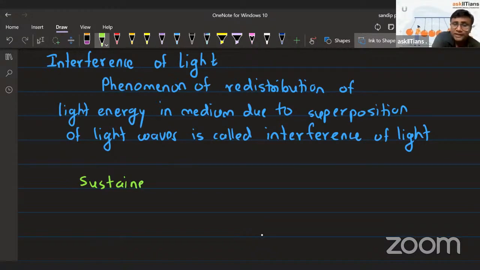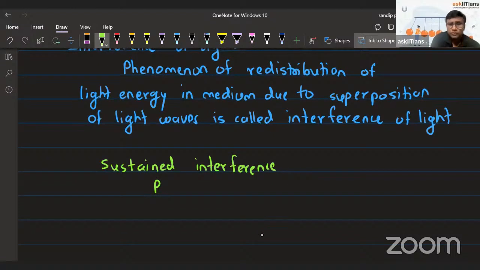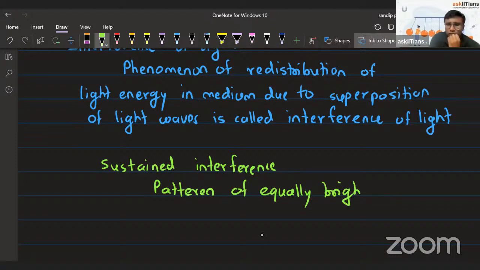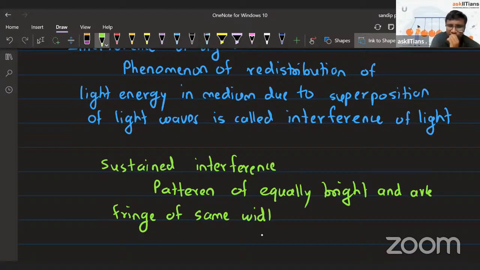Another thing is sustained interference. Here you can see the pattern of equally bright and dark fringes of the same width developed on screen.